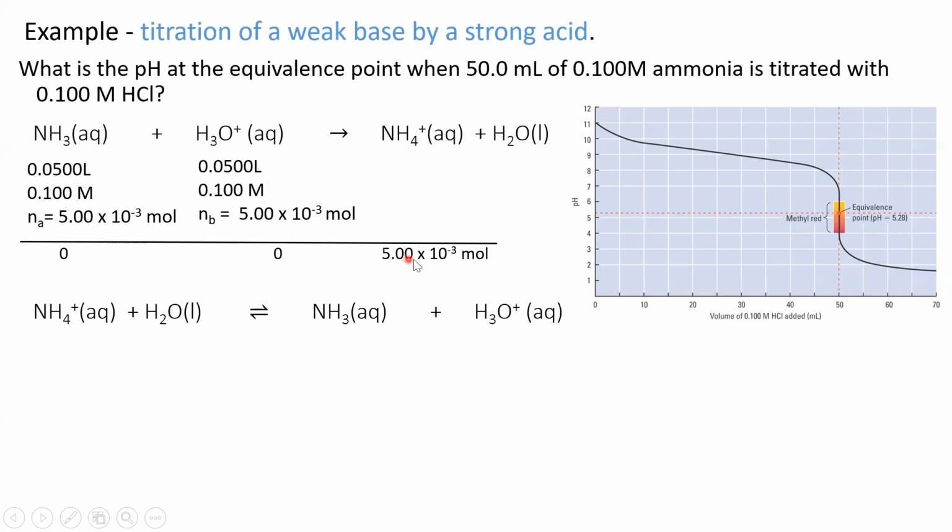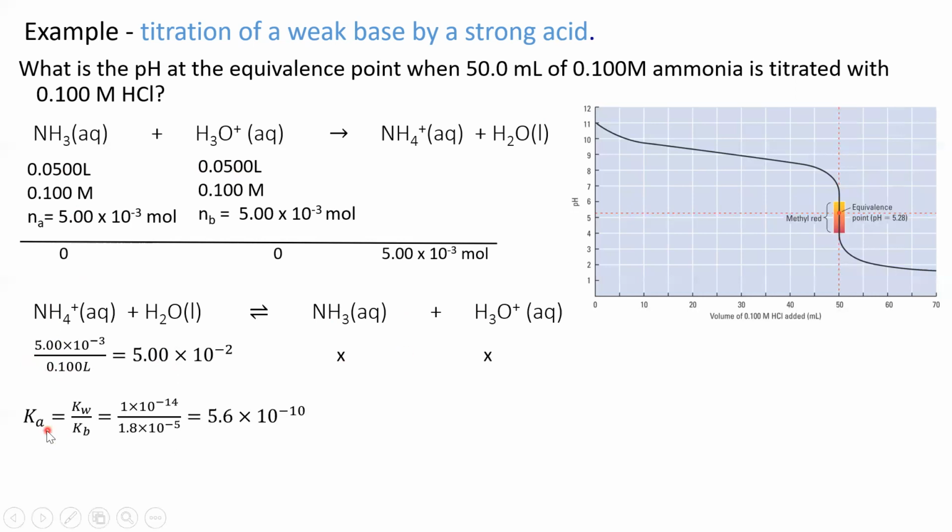Now, this is moles of ammonium. We need molarity. So we're going to take the moles of the ammonium ion and divide it by the total volume, which was 50 milliliters plus 50 milliliters. So here's the molarity of the ammonium ion. A little bit of it is going to react. We're going to get X amount of ammonia and X amount of hydronium.